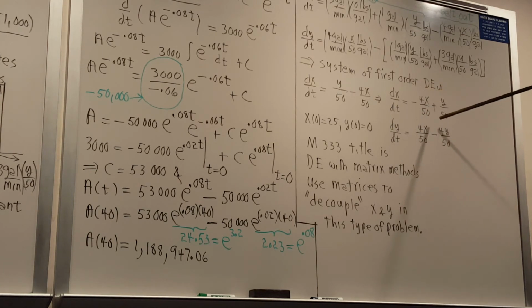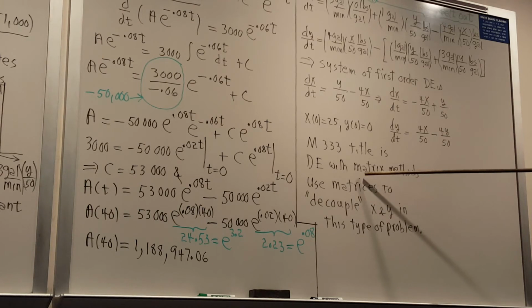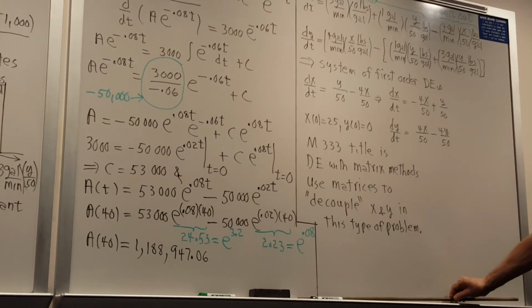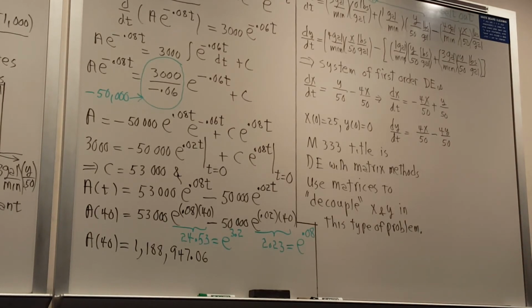So what we have is both x and y in both differential equations. So you need to have some scheme to solve simultaneously. And that's where you use the matrix methods that are in the Math 333 class. So we can't do that, but what we can do is this.